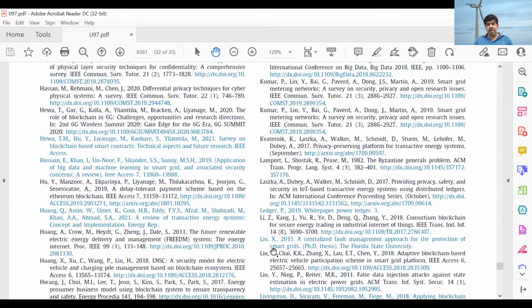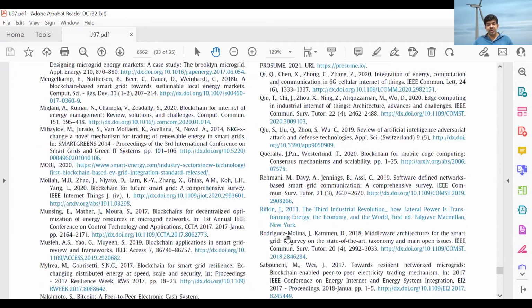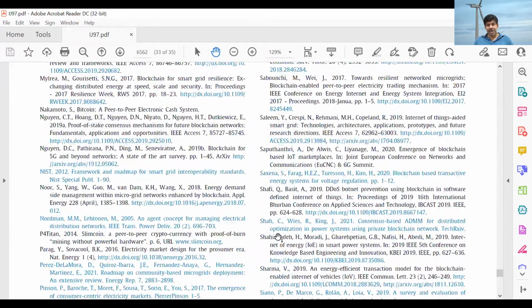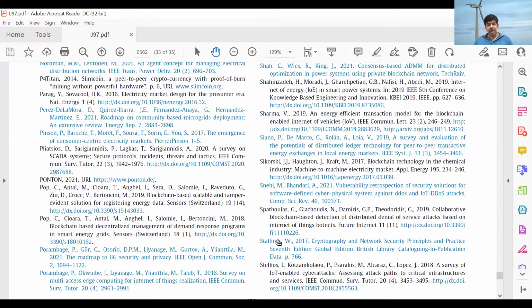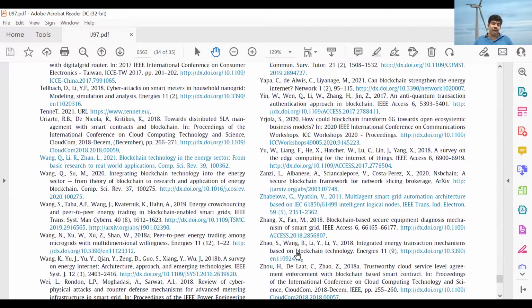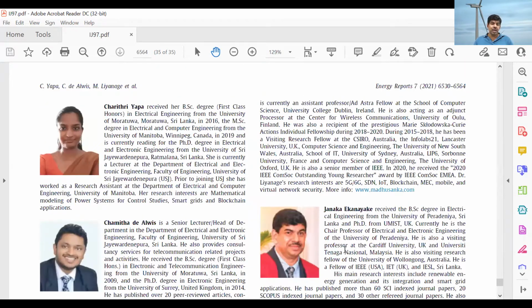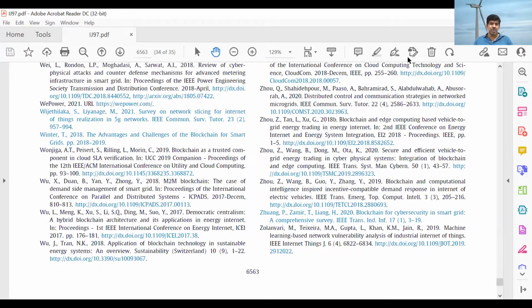And if you count them, I'm sure there are more than 100 references. You need to consider every aspect of blockchains related to the topic in hand and give as many journal papers as possible to support your ideas. So that is basically the idea of blockchain. Sorry, review papers.